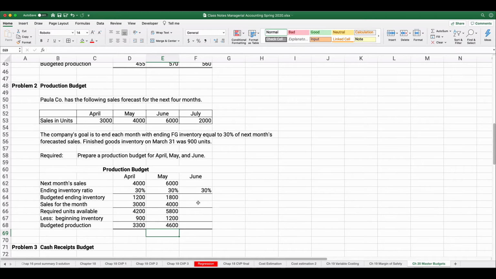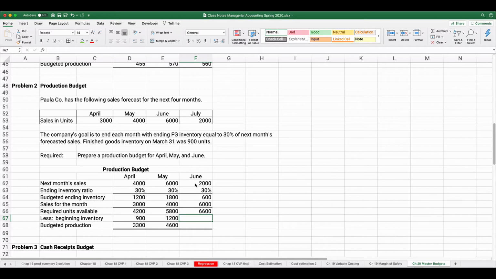All right, the last month here. Next month's sales for July is 2,000. So we're in June, but we're looking at next month, July's schedule. So 30% of that, we need 2,000 times the 30%. The sales for the month, we think, are going to be 6,000. And so therefore, we need to make sure we have 600 for the ending, 6,000 for this month's sales.